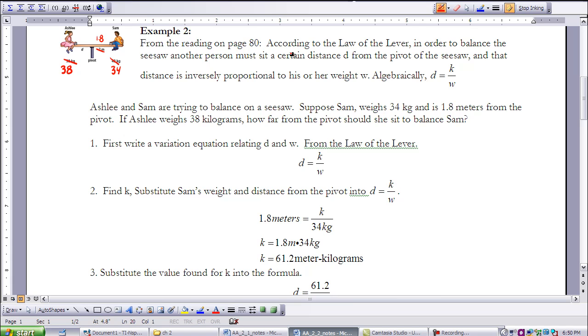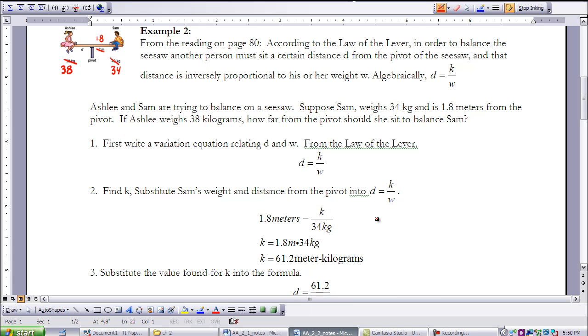Next we need to find k, so we're going to substitute Sam's weight in place of w, and the distance from the pivot into our equation d equals k over w. So that becomes 1.8 meters equaling k over 34 kilograms. We then go ahead and solve for k by multiplying both sides by 34.